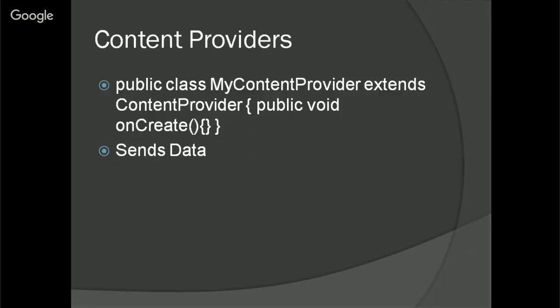Once the broadcast receiver sends or carries information, then it will be looking forward to the transportation of the data, and that data can be carried out from the content providers, which will be sending data to the needed place or needed arguments.